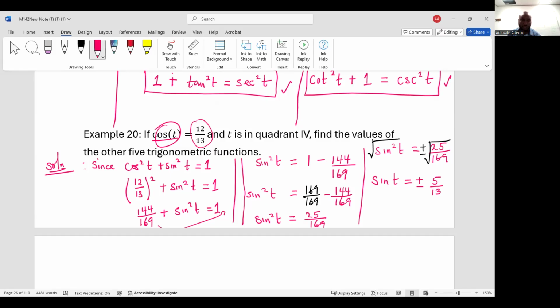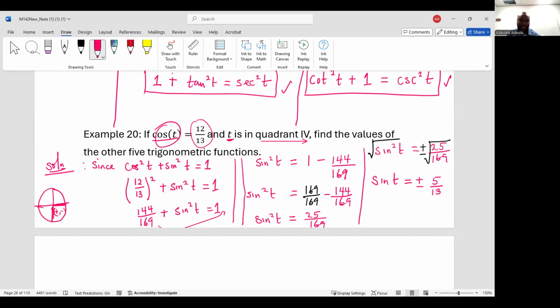But recall that our angle is in the 4th quadrant. What does that help us to do? In quadrant 4, x is positive and y is negative.